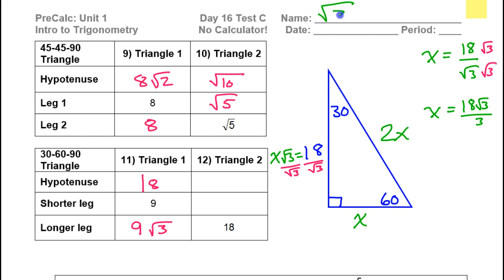Technically, radical 3 times radical 3 is radical 9, but what is the square root of 9? 3. So just get used to that and take the shortcut. Radical 3 times radical 3 is 3. Pop quiz: what's radical 17 times radical 17? 17. See how that works? Anyway, back to the problem.